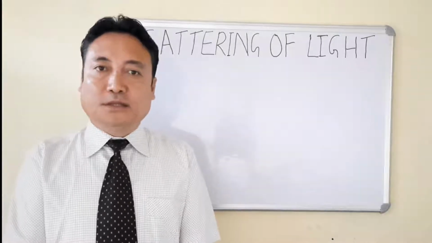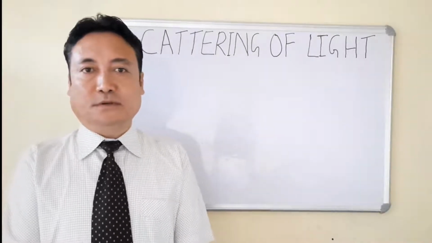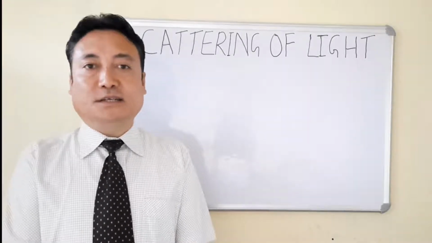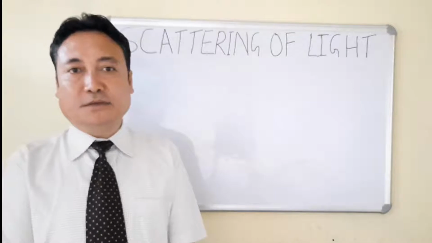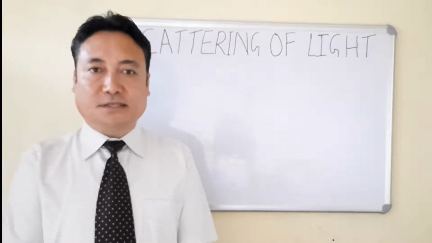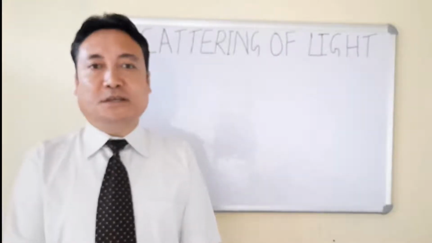Also, the sun appears yellow. During sunset and sunrise, you see the sun reddish. The reddish color of the sun during sunset and sunrise is also based on the scattering of light. So plenty of applications are there.